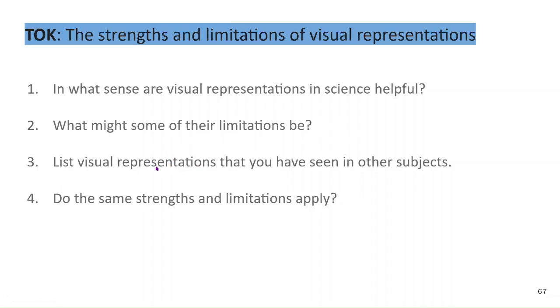List visual representations that you have seen in other subjects. That could be biology, math, history, that could be anything. Do the same strengths and limitations apply? So I'd like you to answer all of these.